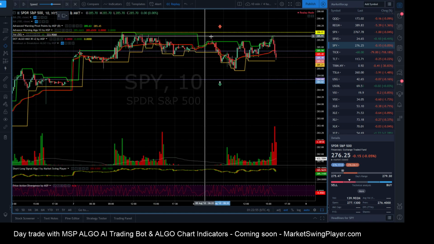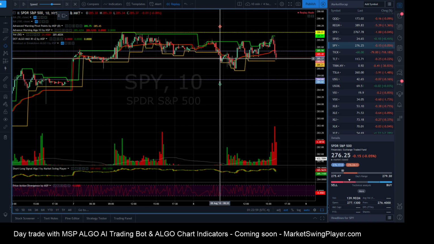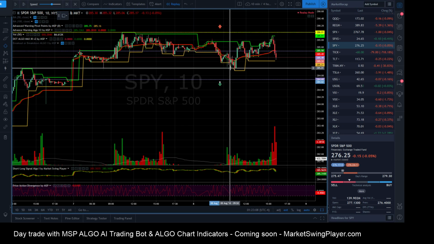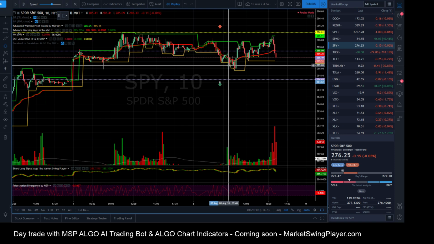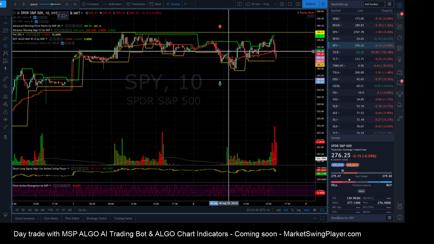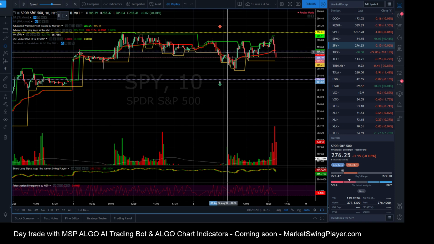Okay, so we were able to gauge that this was resistance. Market opened up and went to the higher end of the range. It became resistance.